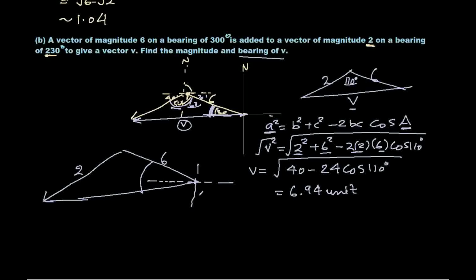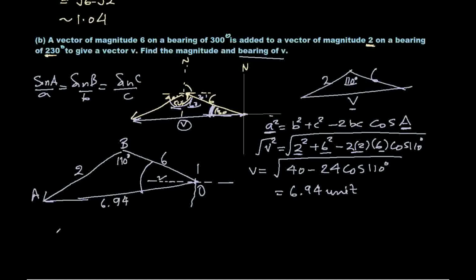Let me call this point O, this point A, and this point B, so that I can find this angle, and I will use sine rule for this. Sine rule says, sine A over A equal to sine B over B equal to sine C over C. We know this is 110 degrees and we just found this as 6.94.